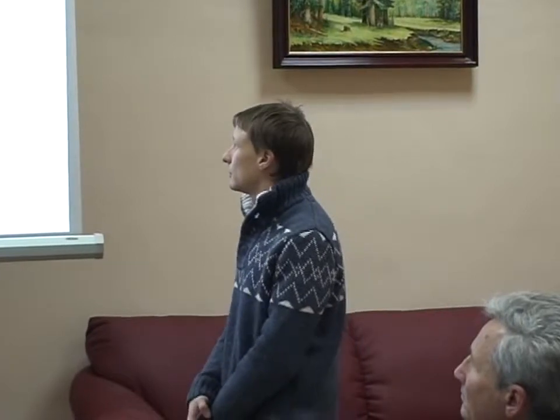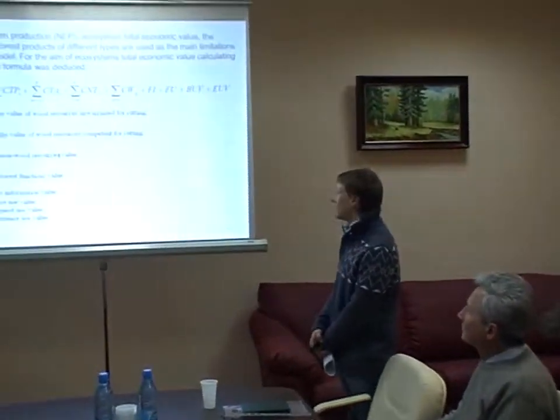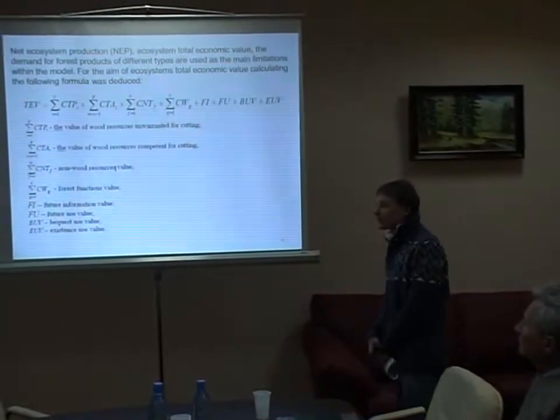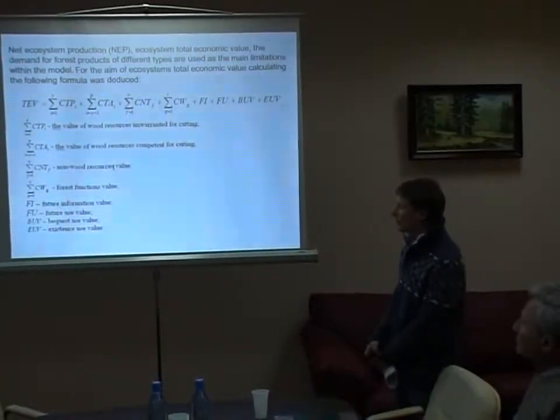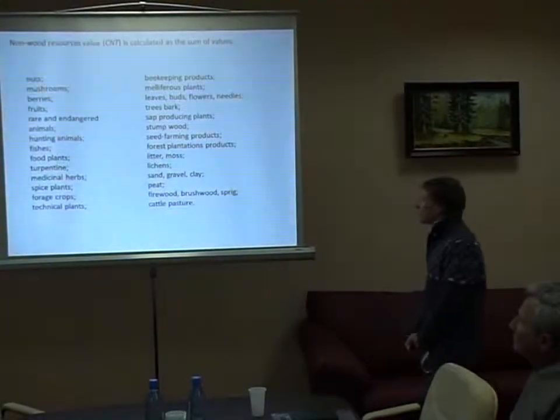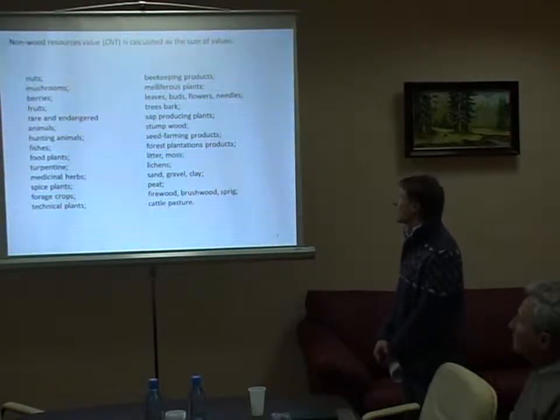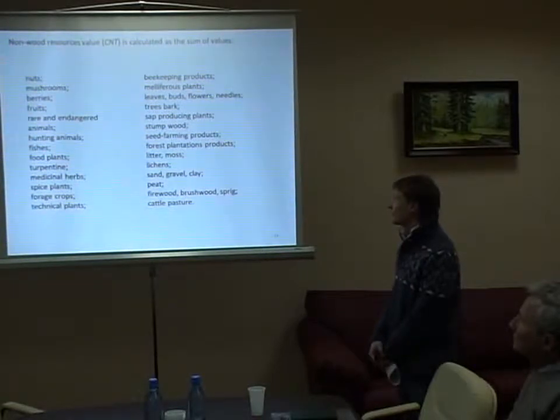Within this model, the STP, the value of wood resources, SNT and net can be counted with the help of regression models and CBM model. The other indicators, such as non-wood resources value, is calculated as the sum of values of nuts, mushrooms, berries, fruits.